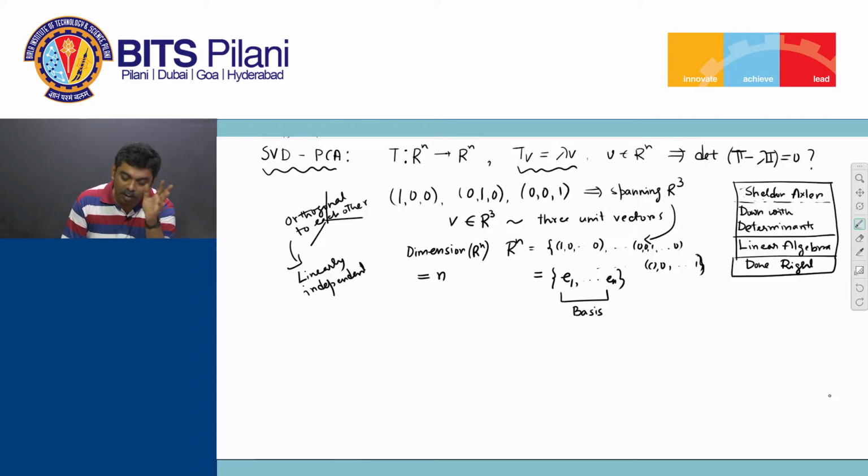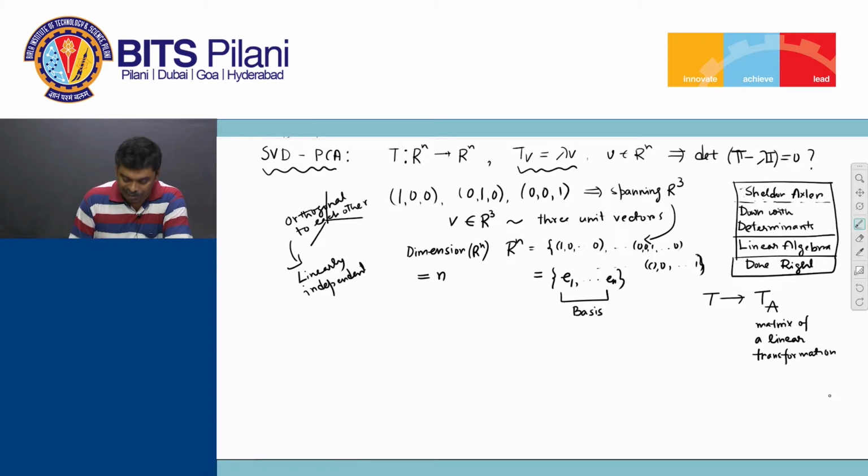So basically, all these comes from a linear transformation. So the whole idea is, when you talk about a matrix, a linear transformation, in fact, you talk about a matrix of a linear transformation. Okay. So let's see what linear independence is. Okay.